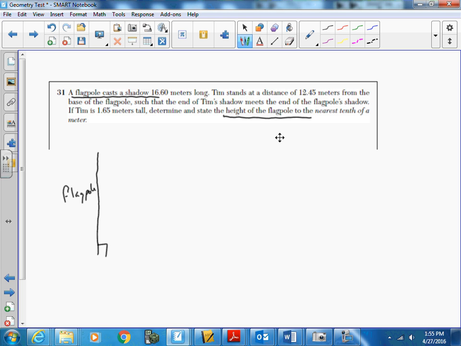Okay, now it says Tim stands at a distance of 12.45 meters from the base of the flagpole. All right, so I'm going to just draw Tim here.